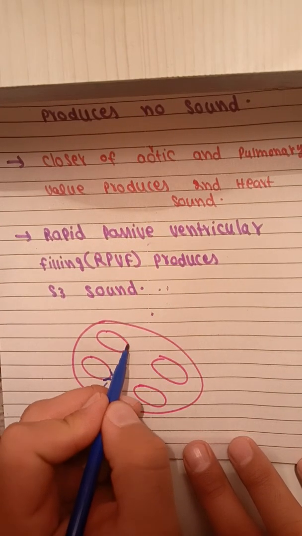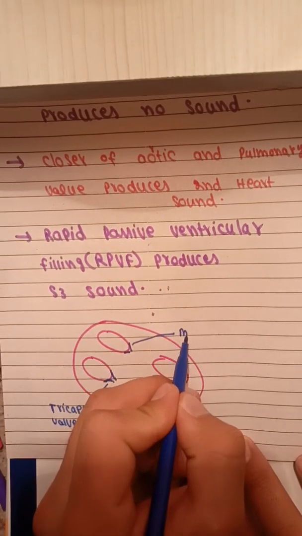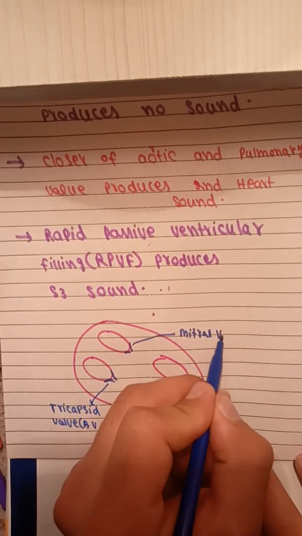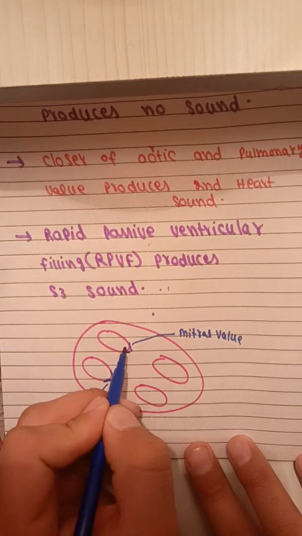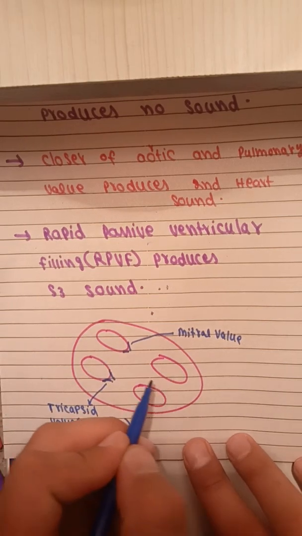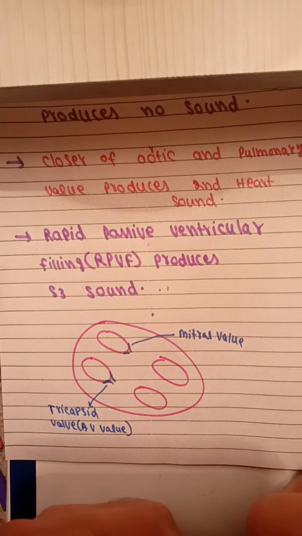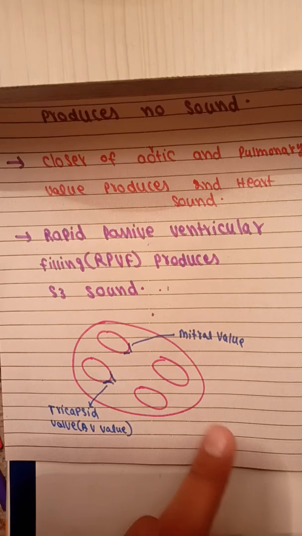Here there is a valve which is called the mitral valve, which is between the left atrium and the left ventricle. Okay, so these are two valves.